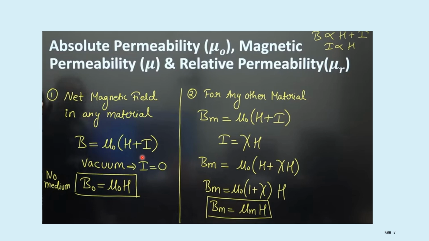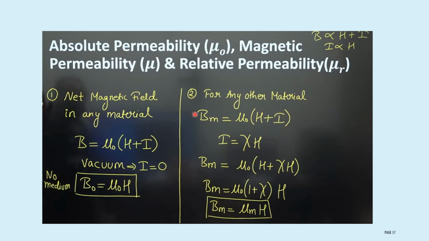In vacuum you are not having any atoms, there is no magnetic dipole, and no alignment of magnetic dipoles takes place. Therefore magnetization will be 0 in the case of a vacuum, so I will be 0. Substitute in this formula. Then B naught will be equal to mu naught into H in the case of a vacuum or no medium.